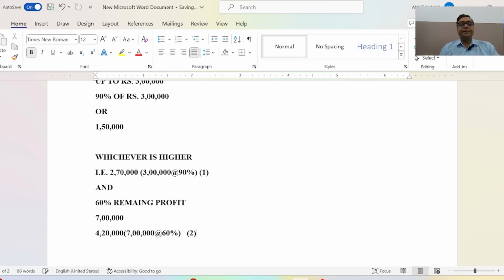Now we add them: 1 plus 2 is equal to 2,70,000 plus 4,20,000, which is equal to 6,90,000.